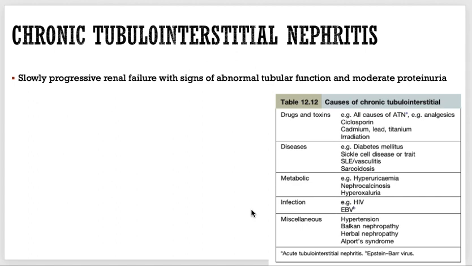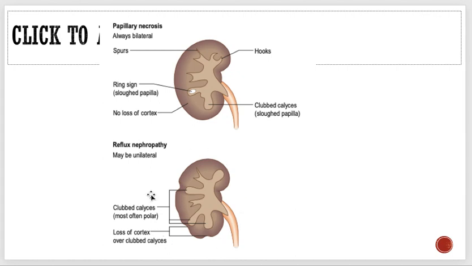Whenever there is obstruction due to anything like stones or tumor or bladder outlet obstruction like BPH, benign prostatic hyperplasia, there is backflow of the urine in the collecting duct, and it can damage the collecting ducts as well as the other structures. So this type is the most common cause.